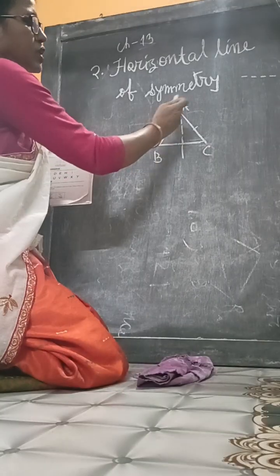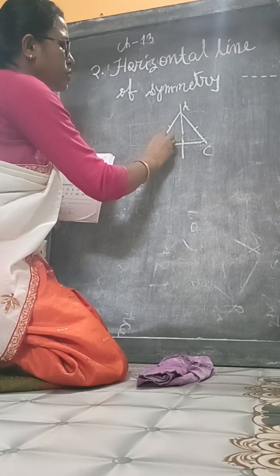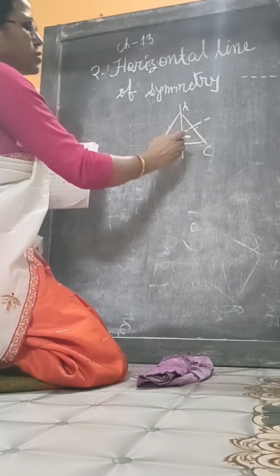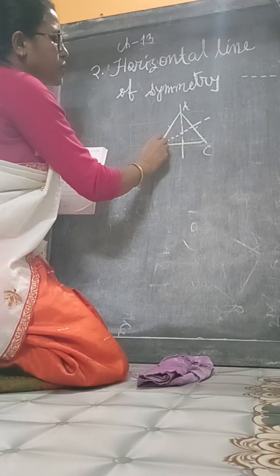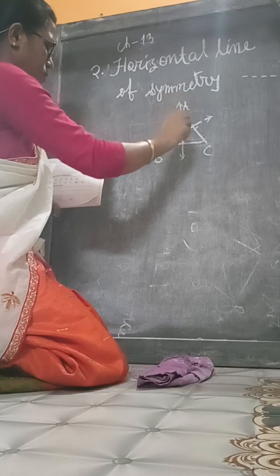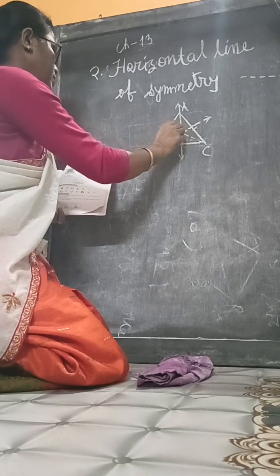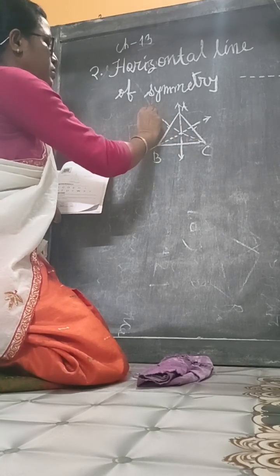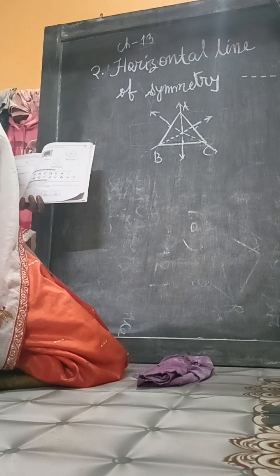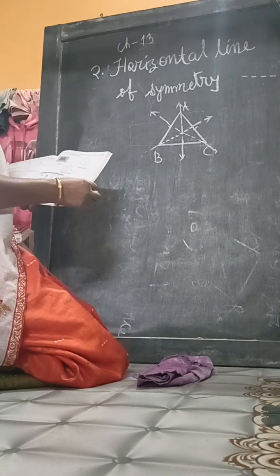This part coincides with this part according to this line. Now from vertex B we draw another line. This part coincides with this part. Now from this vertex we draw one more line. This part coincides with this part. That means how many lines of symmetry? Here we get 3.